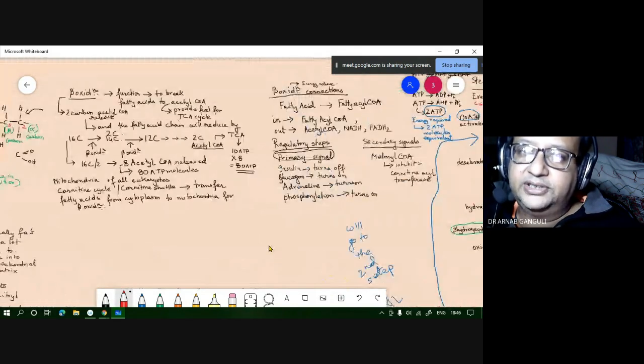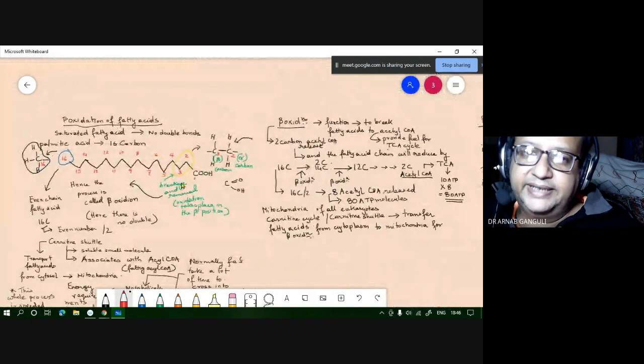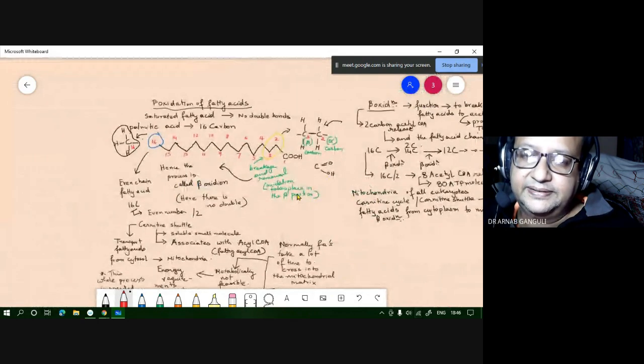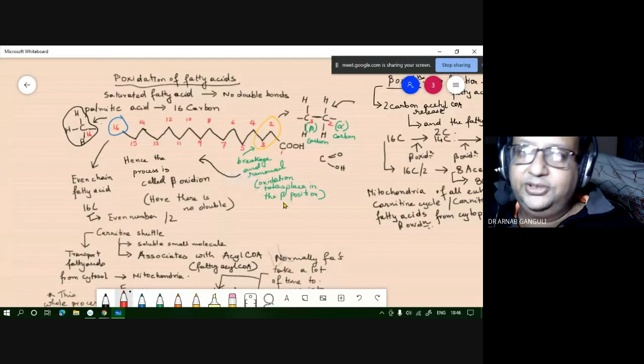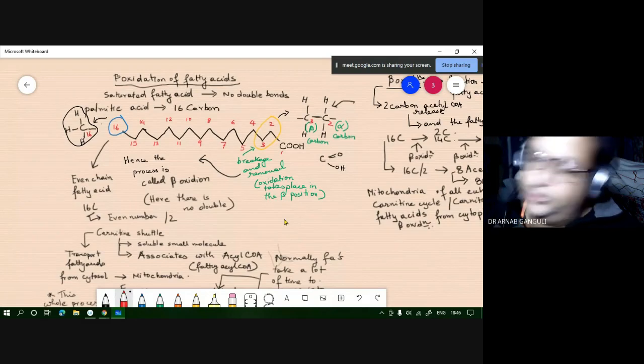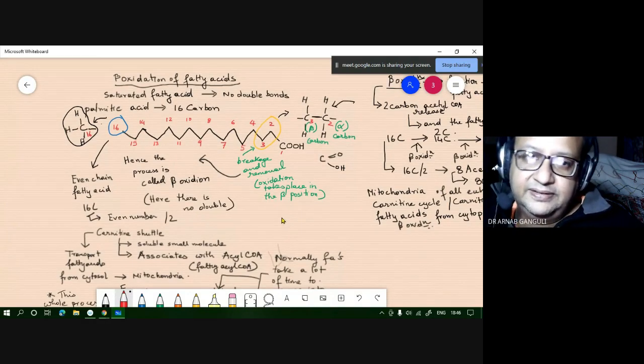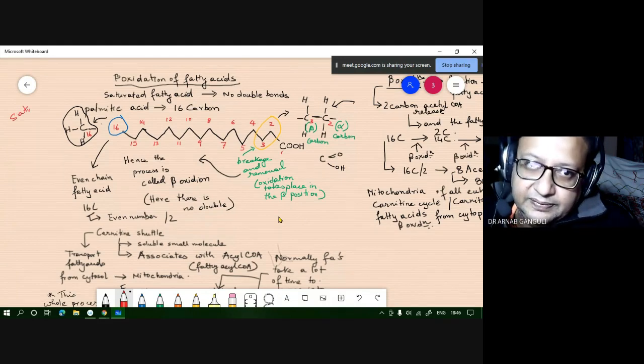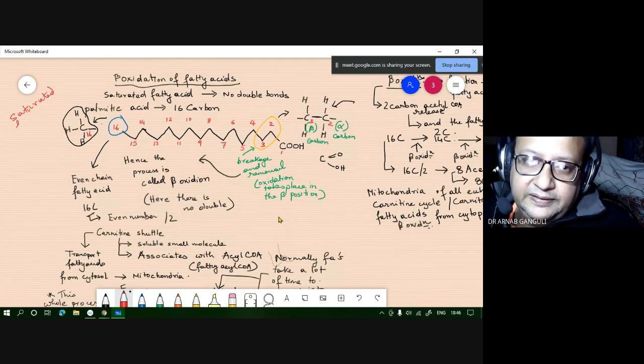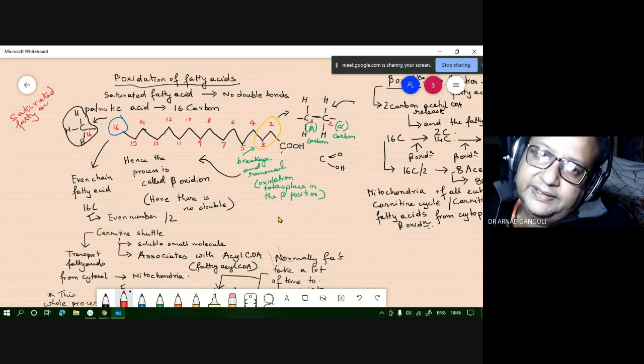If you look at the structure of a saturated fatty acid, like ghee, which is also rich in saturated fatty acid, saturated fatty acids are unhealthy.